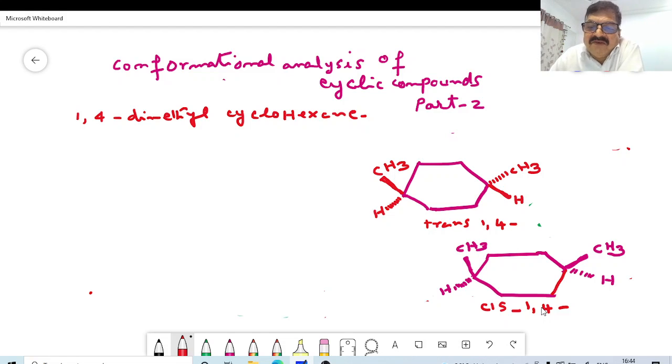Now how will you draw the chair conformation? Because each isomer will have a chair conformation. Okay, we have to draw the chair conformation now. How will you draw? So arbitrarily just draw two chair conformations here.